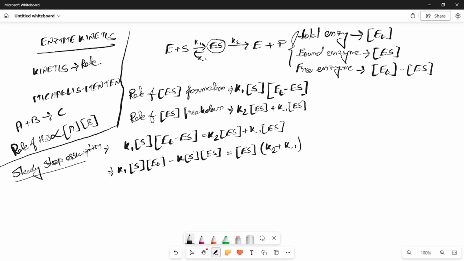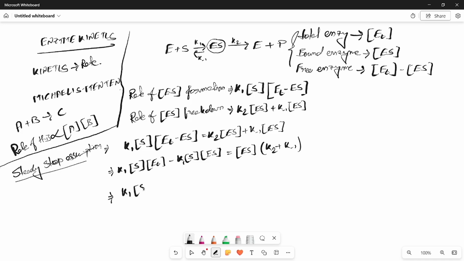From here this is K1, the rate constant of this formation. Just give me a minute. If we take this fragment to this side, then it will look like this.